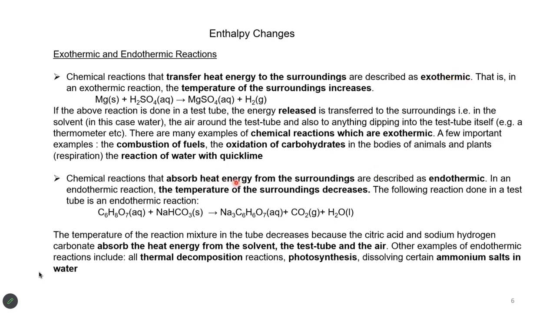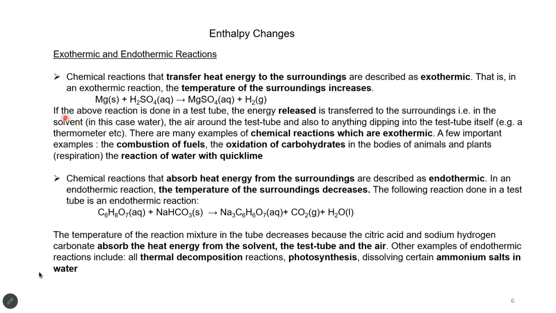If heat energy comes from, or is absorbed from, the surroundings, we call it an endothermic reaction. An example of an exothermic reaction: we take magnesium metal and sulfuric acid, and we get aqueous magnesium sulfate and hydrogen gas.